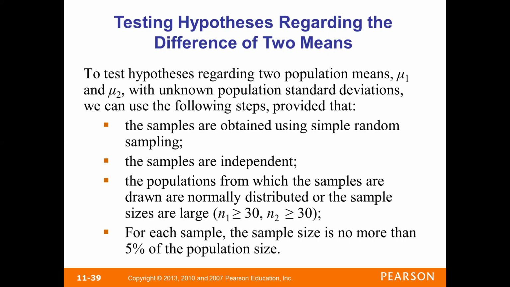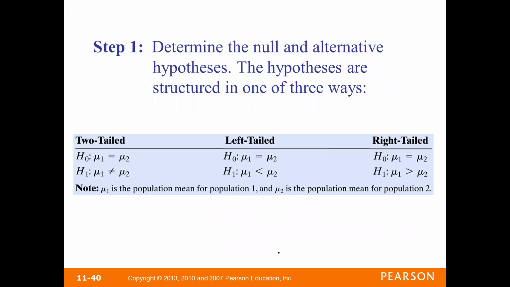Again, these are standard assumptions we've seen throughout: random samples, independent within each sample, they come from a normal population, and we don't use too much of the population.